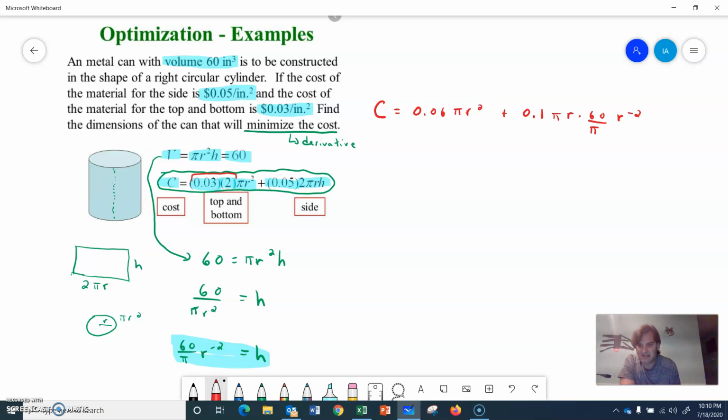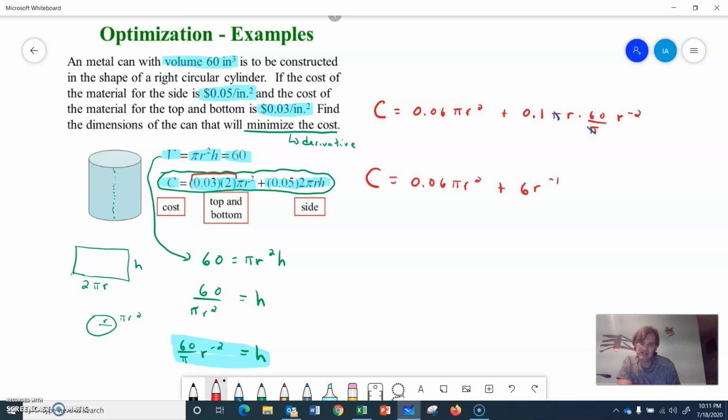So I definitely need to clean this up. Okay, so C equals 0.06 pi r squared for the top and bottom, plus, let's see here, 60 times 0.1 will be 6, and then we will have a pi on top, a pi on the bottom that'll cancel out, and then r times r to the negative 2 will be r to the negative 1.